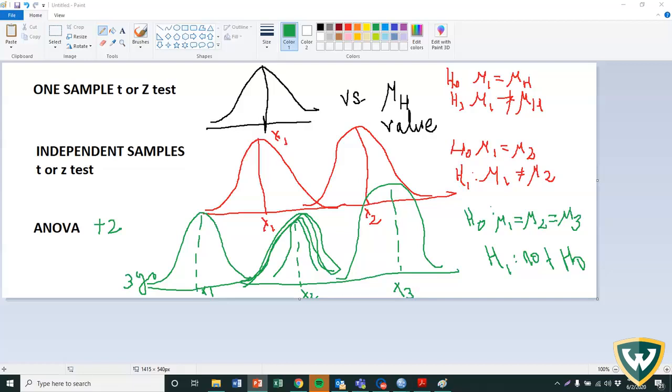MSBG is always dividing SSBG by the degrees of freedom between groups. So whenever you're trying to calculate mean squares, you're going to take the sums of squares divided by degrees of freedom for that group. Similarly, for mean squares within groups, you're going to take sums of squares within groups and divide it by degrees of freedom within groups.